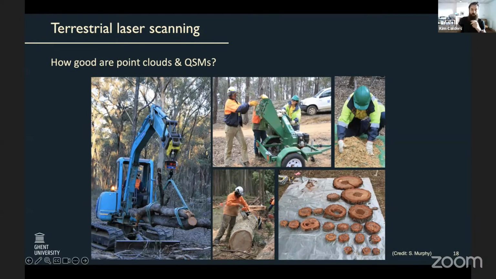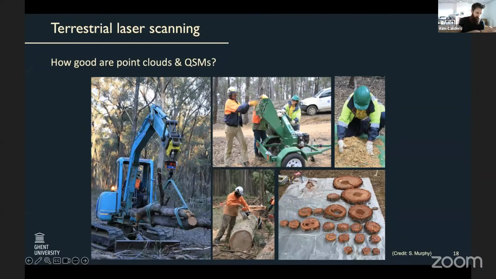So this is work that I did in my PhD, and this is in Victoria, and this is Rushworth Forest, where we're lucky enough that people are actually doing a lot of harvesting to establish new volumetric models. So we were able to scan about 70 trees before they harvested them, and they were weighed on site.